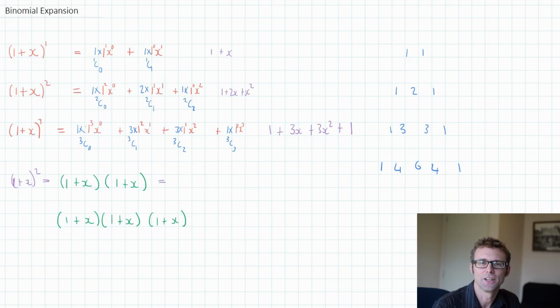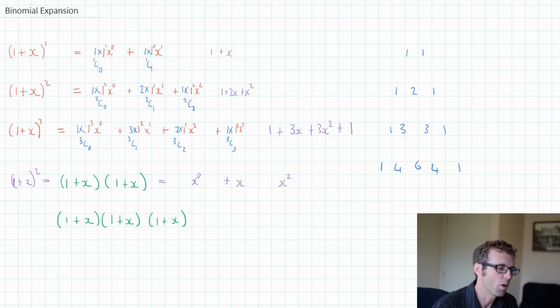With our expansion, we know that there's going to be a term with no x's, so x to the power of 0. You're going to have a term with x's, and you're going to have a term with x squareds in it. You know that's how these expansions work. What we've got to figure out is how many options, or combinations, are there that produce the desired outcome.